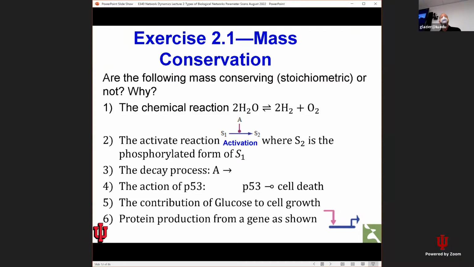Contribution of glucose to cell growth. That's another sort of tricky one because it's a molecular species connected to a behavior.